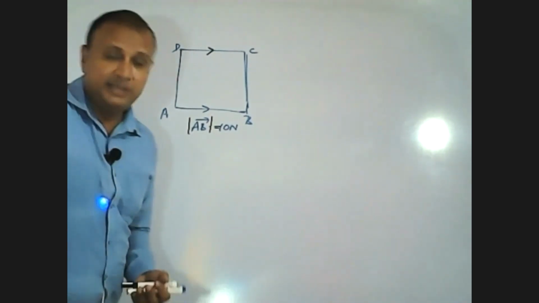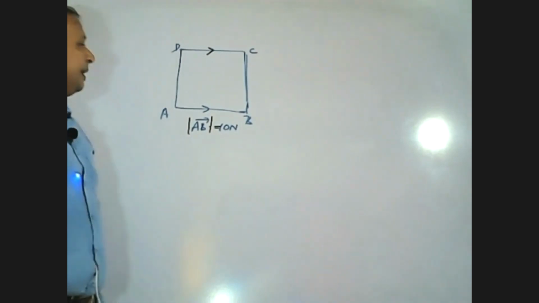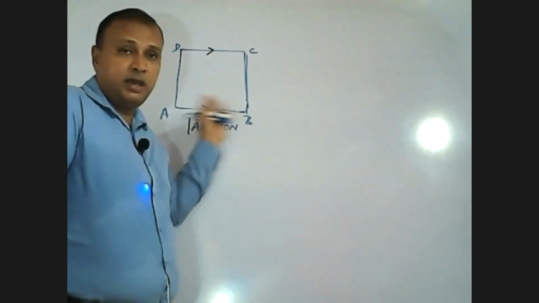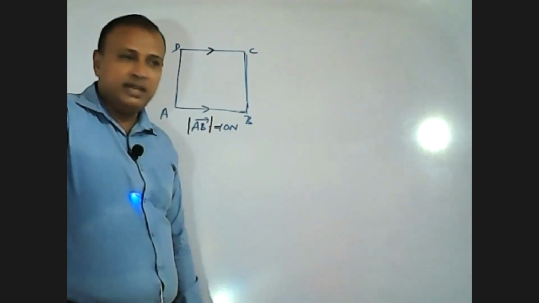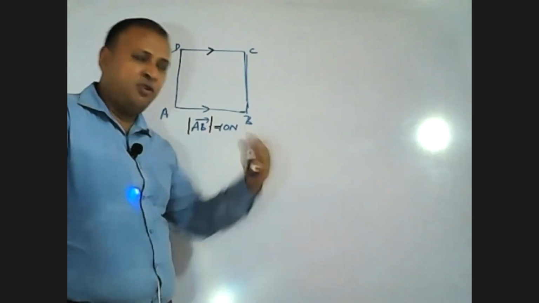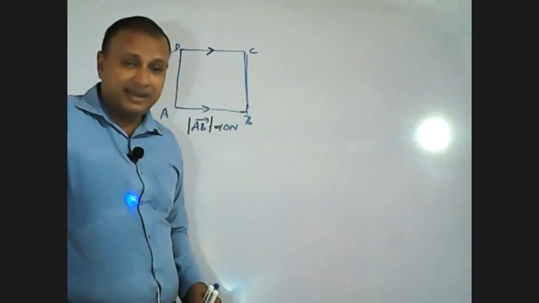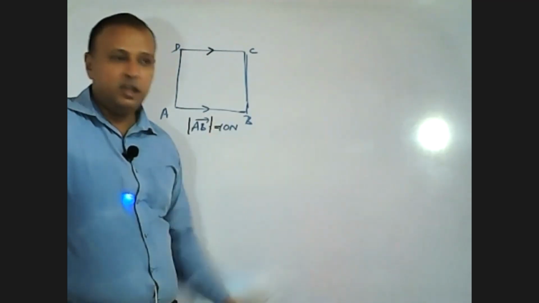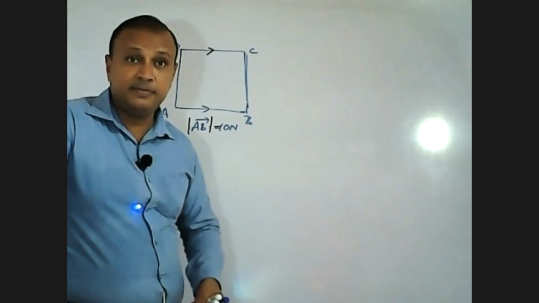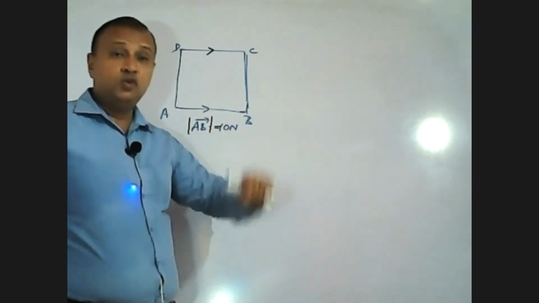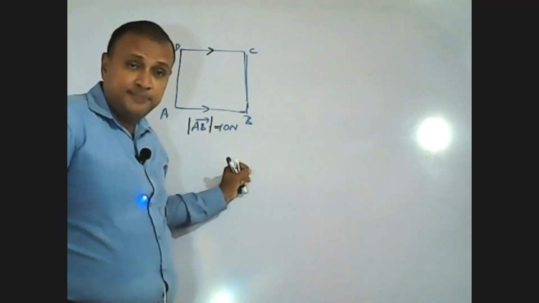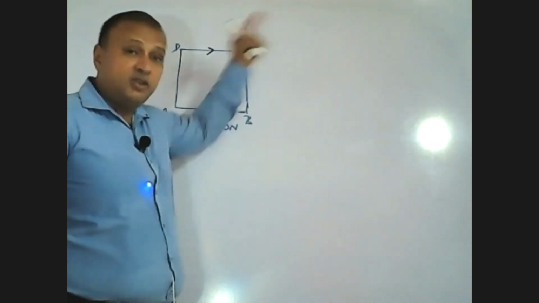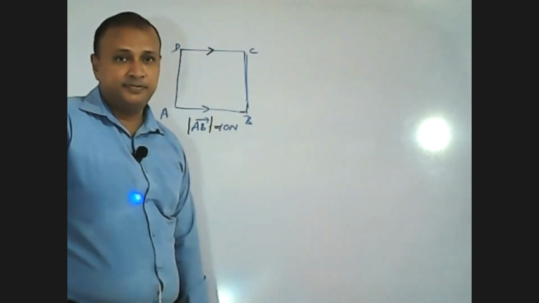This kind of thing you will have in your exam, or actually whenever you are doing mechanics. If you are given some vector, you have to use the magnitude of that vector to determine the magnitude of another vector.